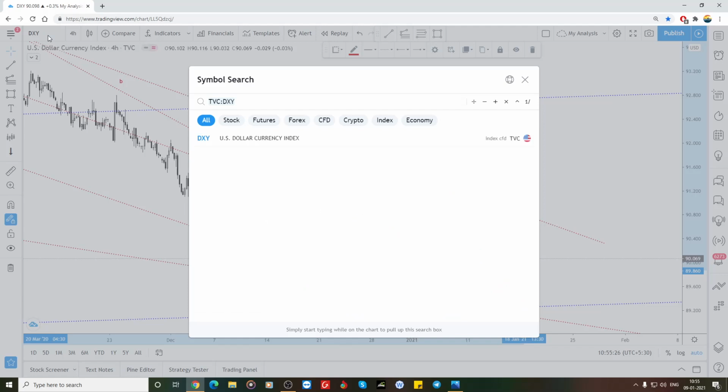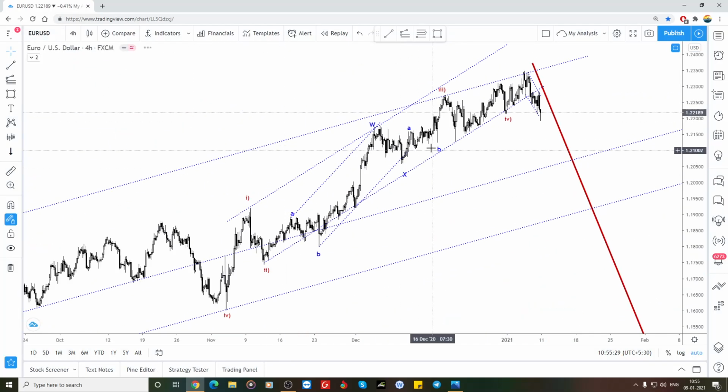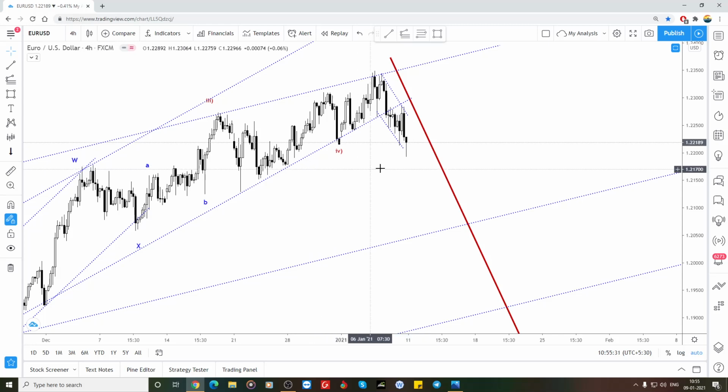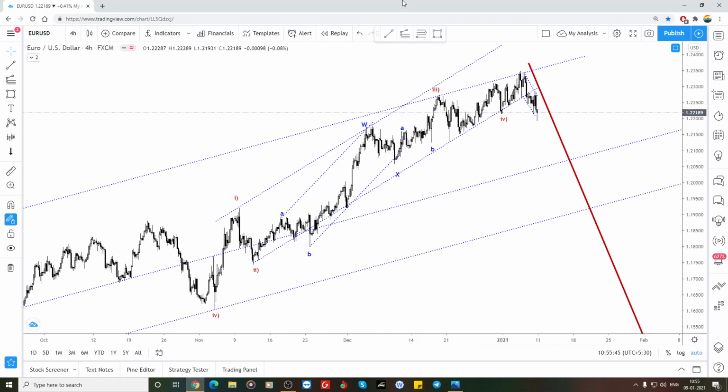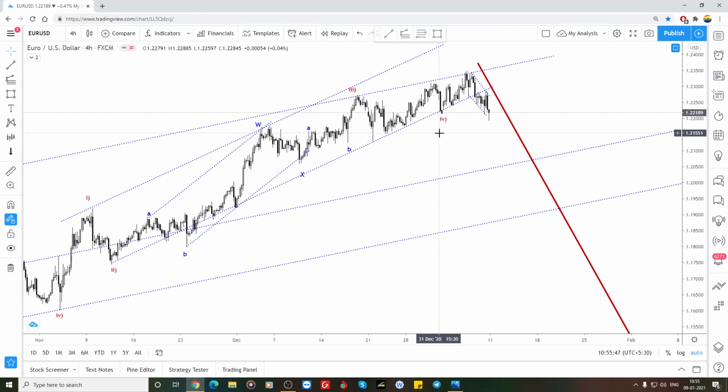So let's move on to EUR/USD. Same thing, how I was confused in the DXY, it's a little bit clearer here. So I will explain this. There is a 1, 2, ABC is a 4, ABC is a W, X, ABC is a 3rd, and here is a 4th, and A, B and C is the 5th wave.